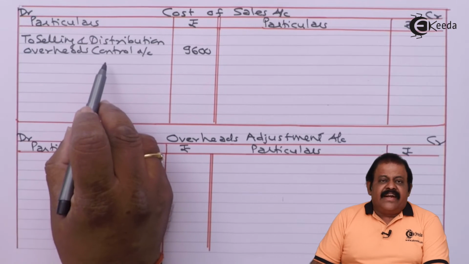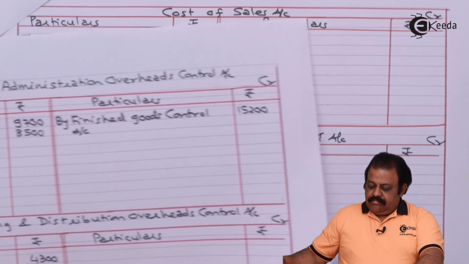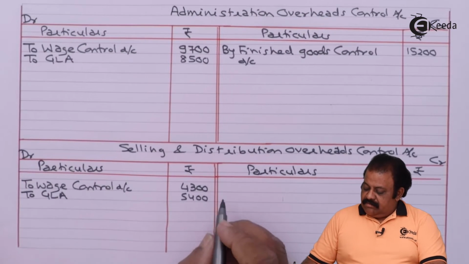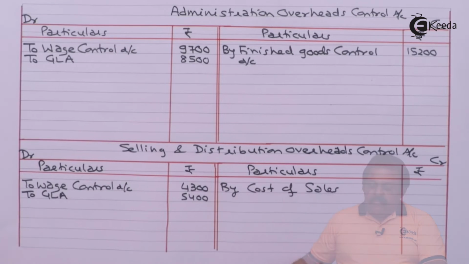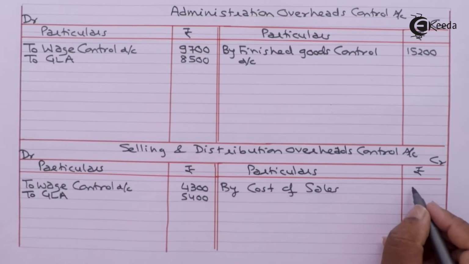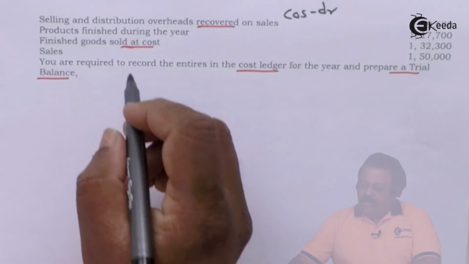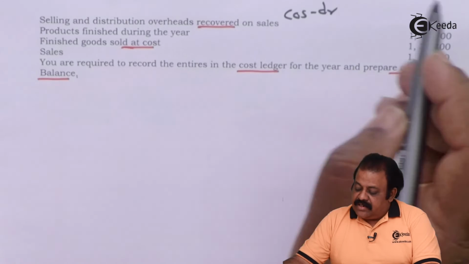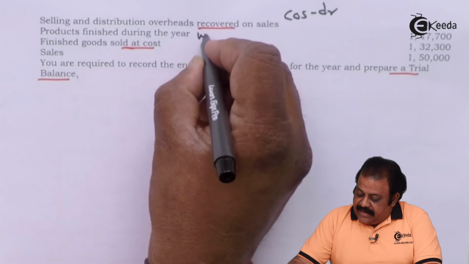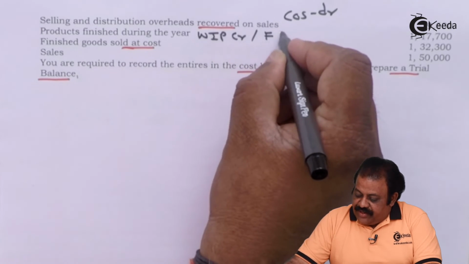This will be then credited to selling and distribution overheads control account. Here on credit side by cost of sales 9,600. Product finished during the year 1,17,700. This will be credited to work in progress and debited to finished goods account.